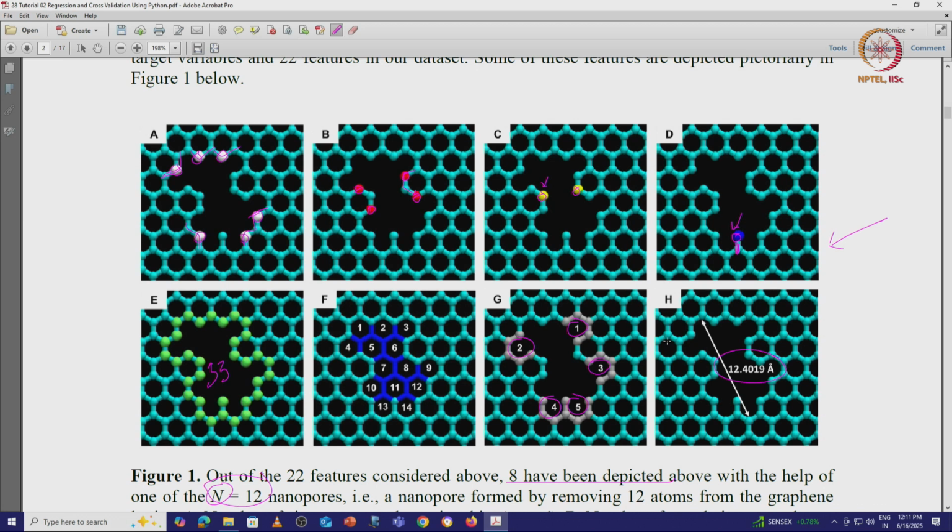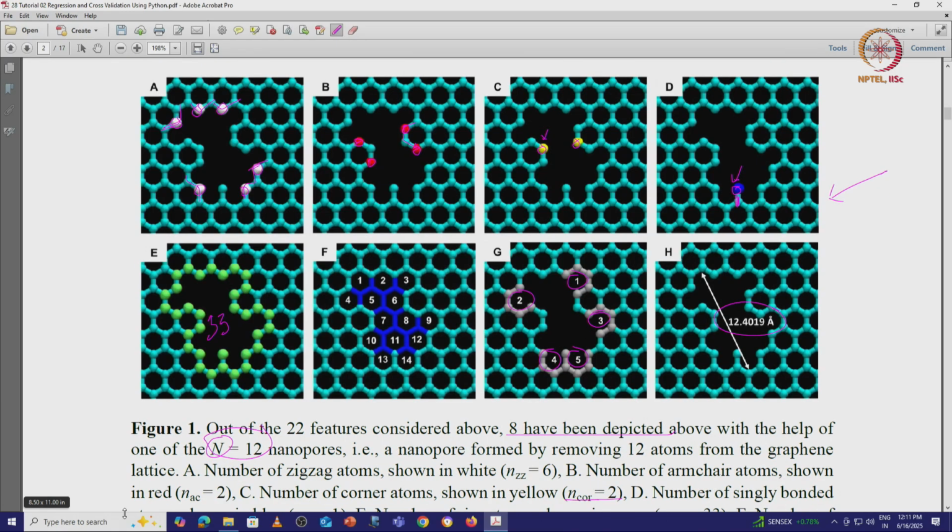You need to come up with the sort of physical features that can represent your system properly, and then you have to try to see whether those features are enough to train the kind of machine learning model that you want. In this case we looked at the types of atoms at the edges, so these are called zigzag atoms, armchair, corner, and singly bonded atoms, and then we use these kind of metrics as features for our ML model.